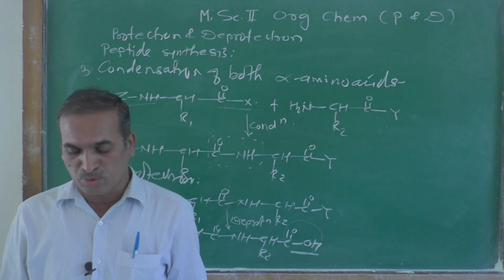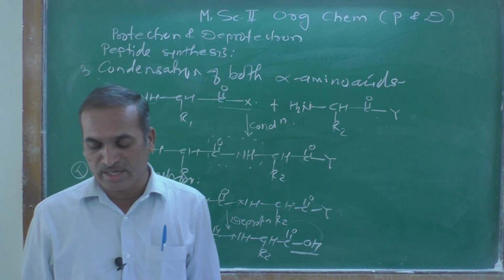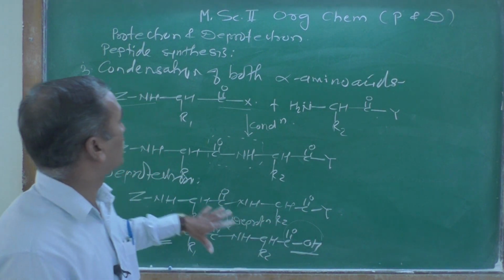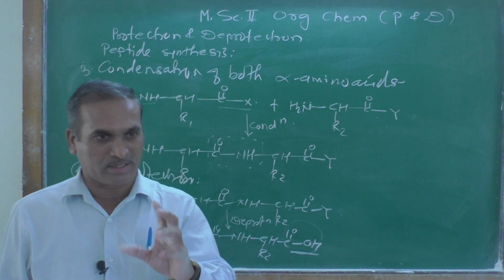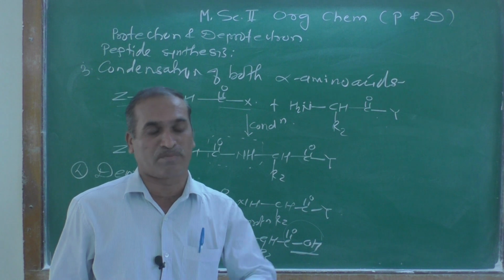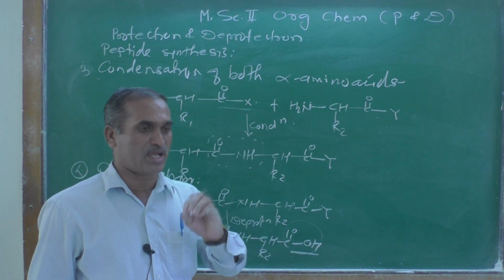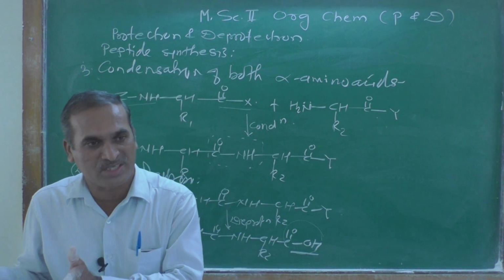If the COOH group is activated for further linking, then racemization occurs. Racemization means a mixture of enantiomers. Enantiomers are non-superimposable mirror images of each other.